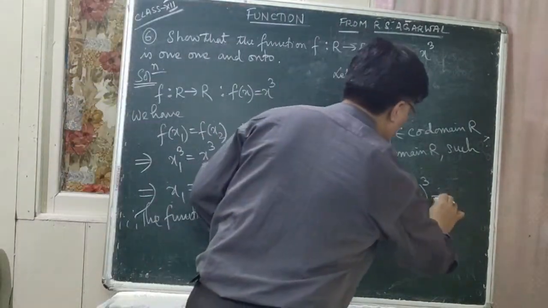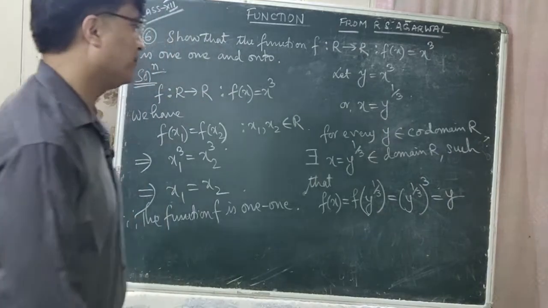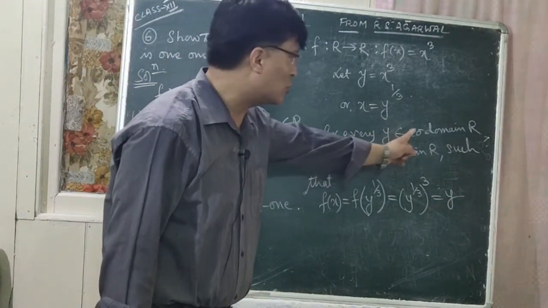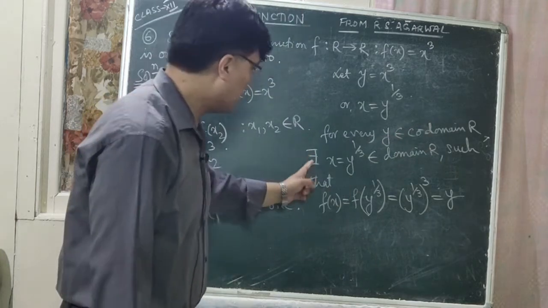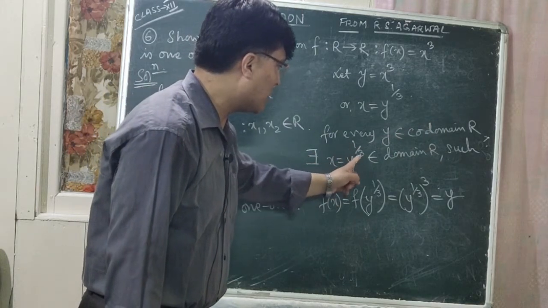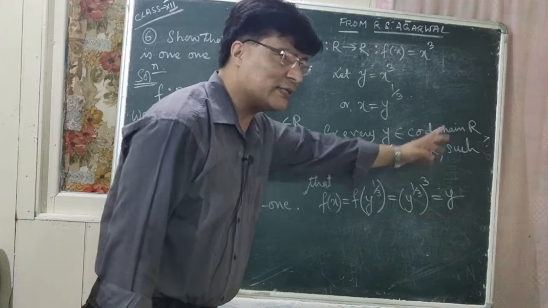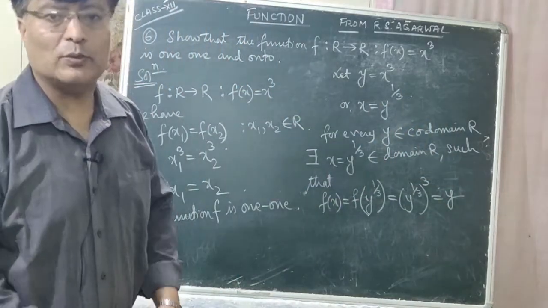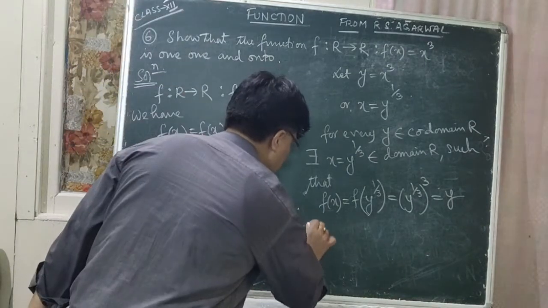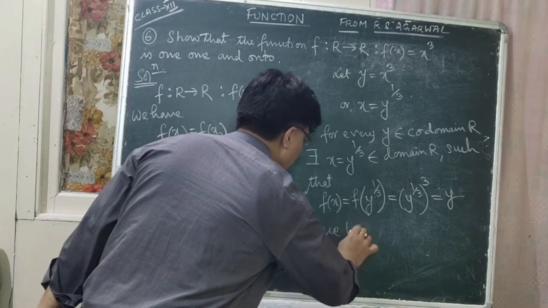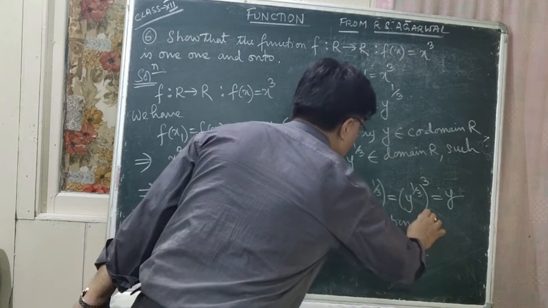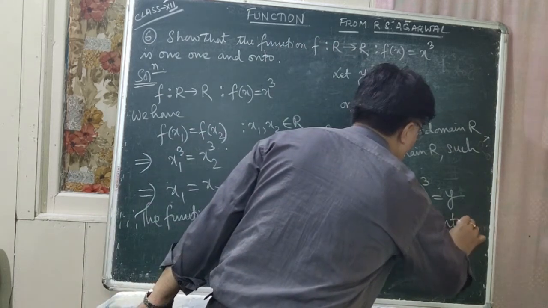Which is equal to y. So for every small y belongs to codomain R, there exists x equal to y to the power 1/3 that belongs to domain R such that f of x is equal to y, which we have proved. So hence what can you write? The function is onto.